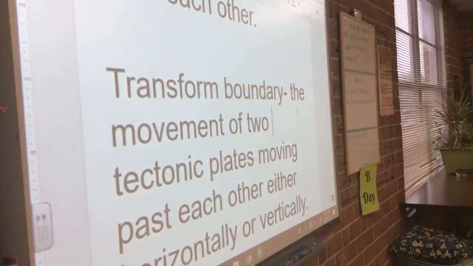If you have two tectonic plates resting against each other, and they start to slide in either direction, that's a rough movement. Those crusts are just scraping against each other, and that scraping is what causes earthquakes. The San Andreas Fault in California is a transform boundary. That's why they get a ton of earthquakes there.